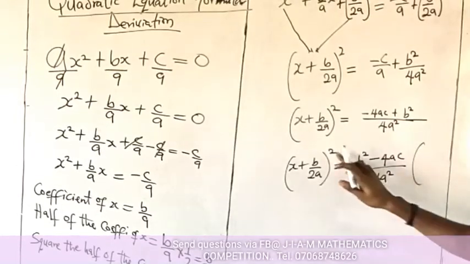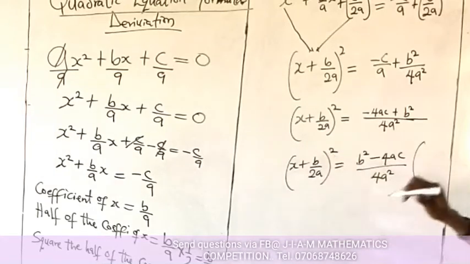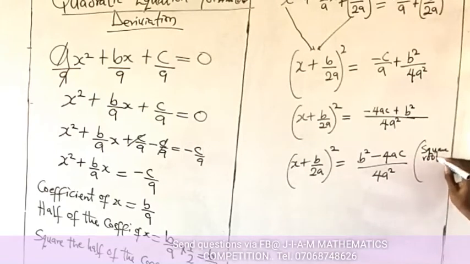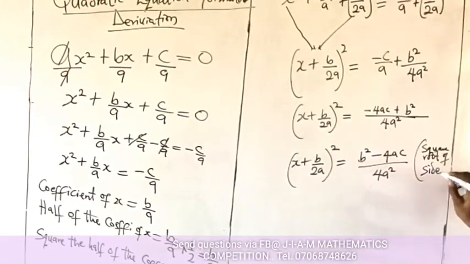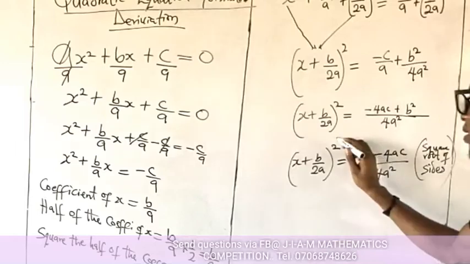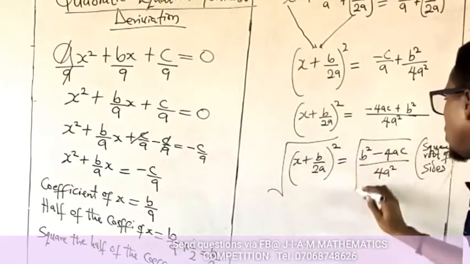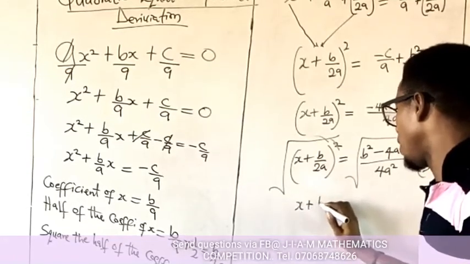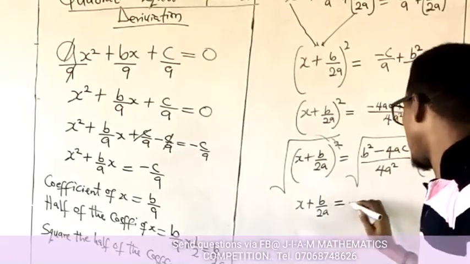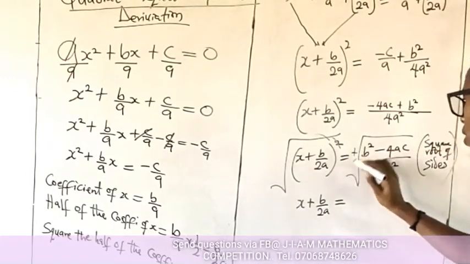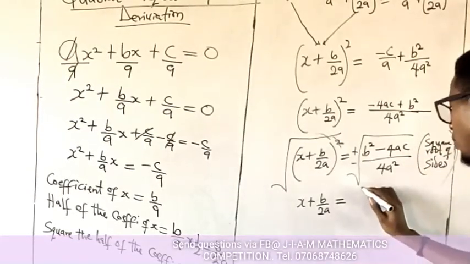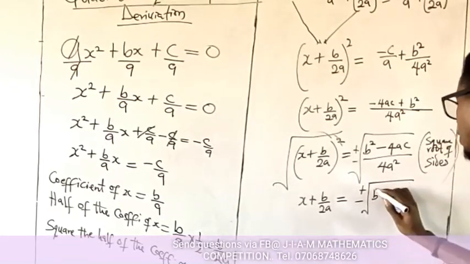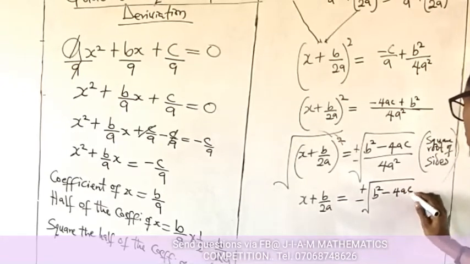To take away the square, we bring in the square root on both sides. This takes away the square, so we have x plus b over 2a equals. Once the root comes, we carry the plus minus, so it's now plus minus root of b squared minus 4ac.